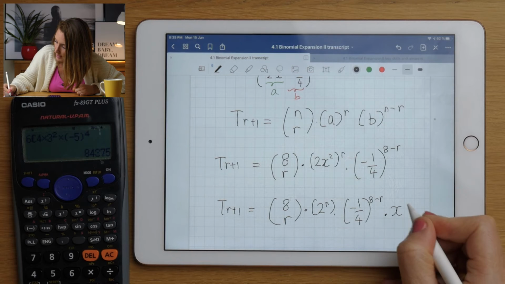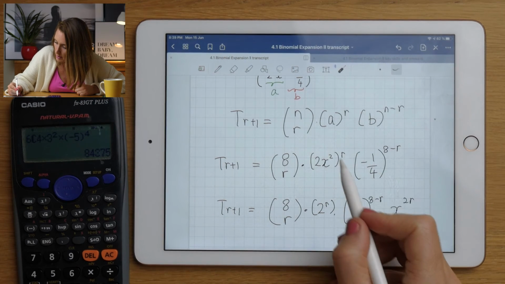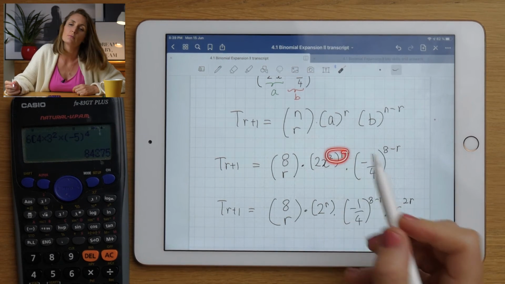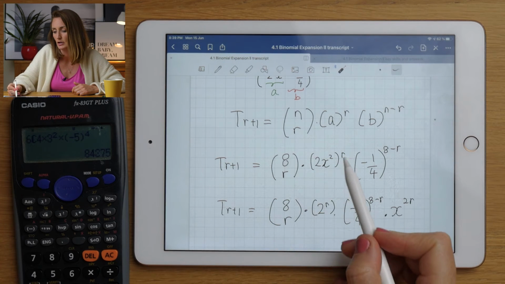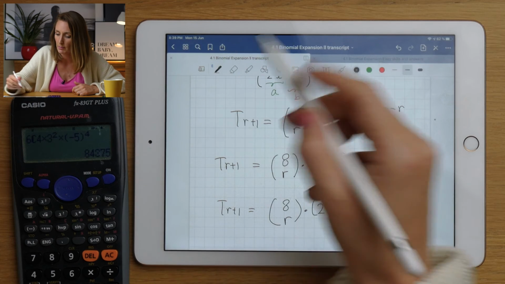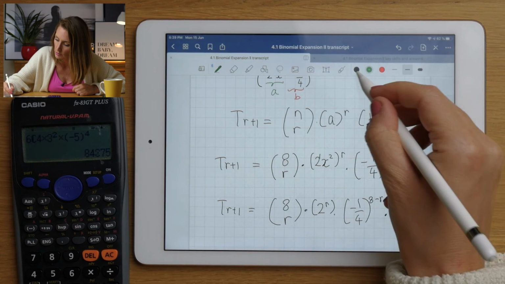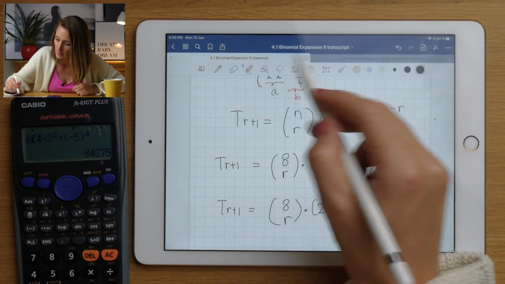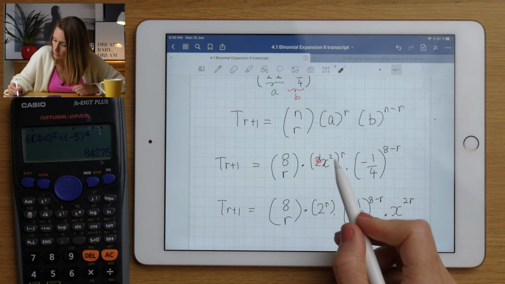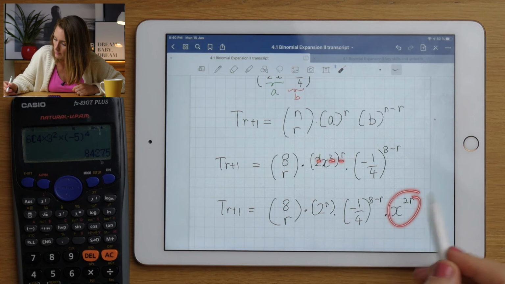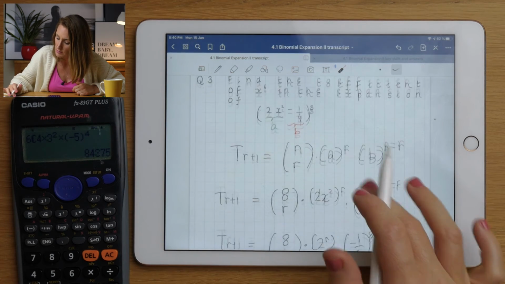And at the back, I would have x to the power of 2r, because here I've multiplied these numbers. Remember, if you have a bracket, your rules for indices state you need to multiply. So if you think about that one was like a 1, so you've multiplied here the 1 and the r to be 1r, and here you've multiplied the 2 and the r to be 2r. So I need here x to be power 6.